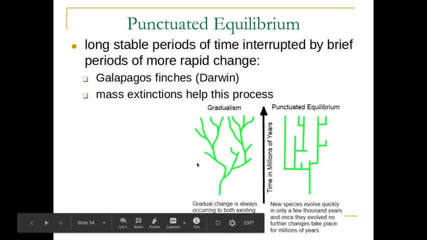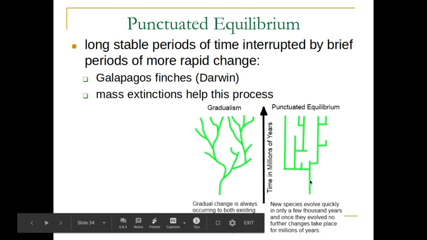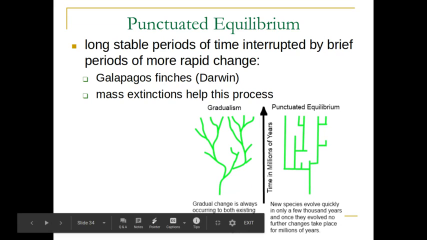Gradualism is a slow change that occurs throughout time, and punctuated equilibrium is periods of stability that are interrupted by mass extinctions or rapid changes in the environment, like ice ages, volcanic eruptions, and meteorite impacts. Organisms can evolve quickly if they're pushed by changes in the environment.